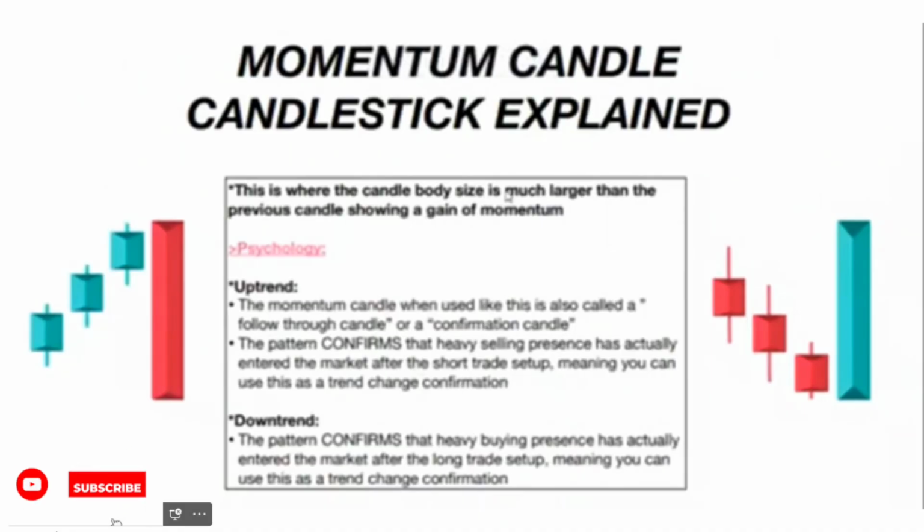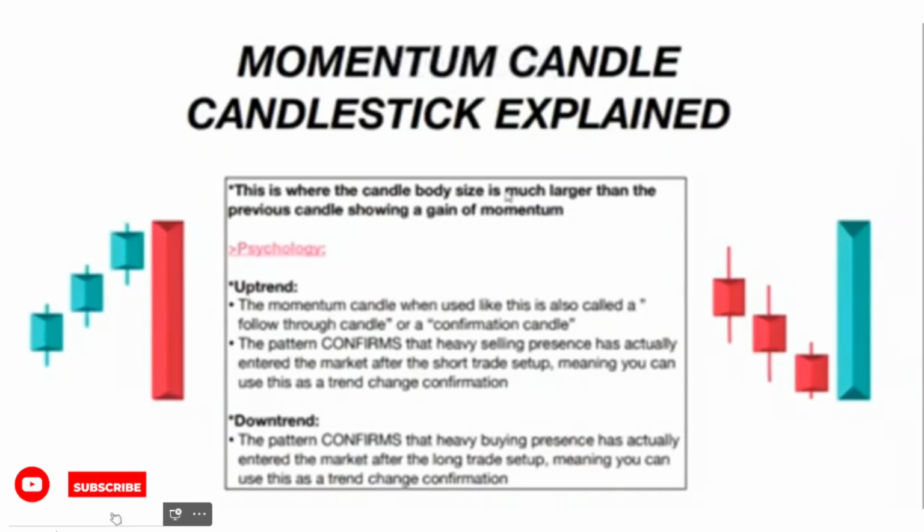Also called a follow through candle, or a confirmation candle. The pattern confirms that heavy selling presence has actively entered the market after the short trade setup, meaning you can use this as a trend change confirmation.